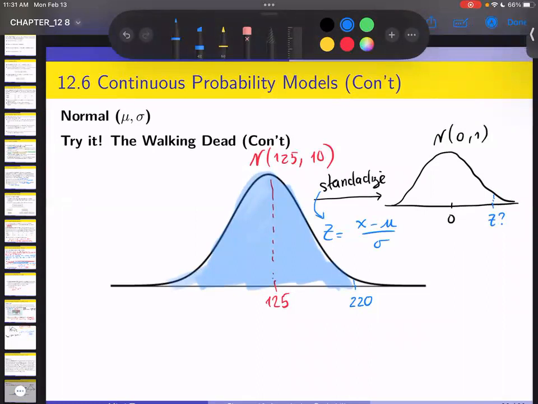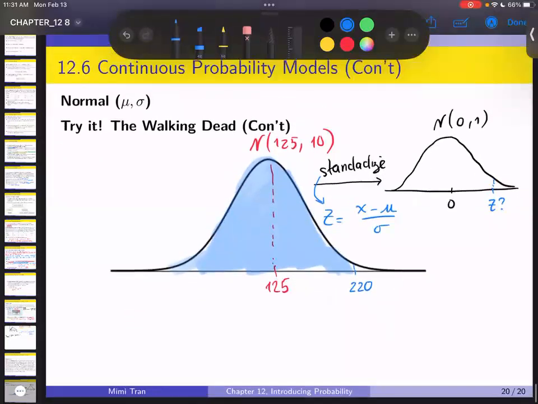Can someone tell me what x is? Yeah, x is your random variable, which is 220. Thank you. So 220 minus mu, which is 125, divided by sigma, which is 10.